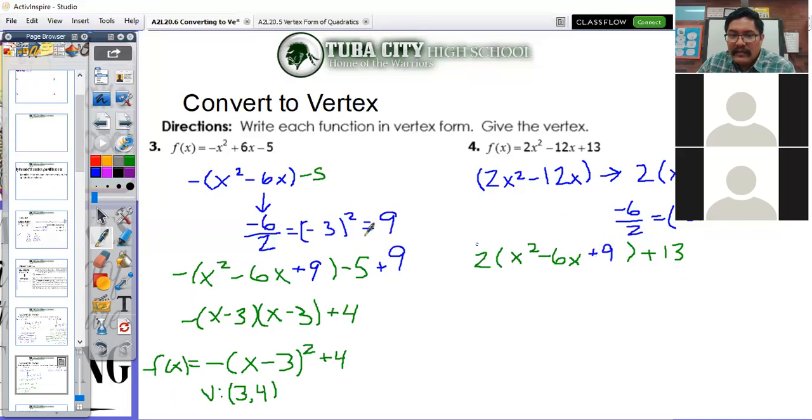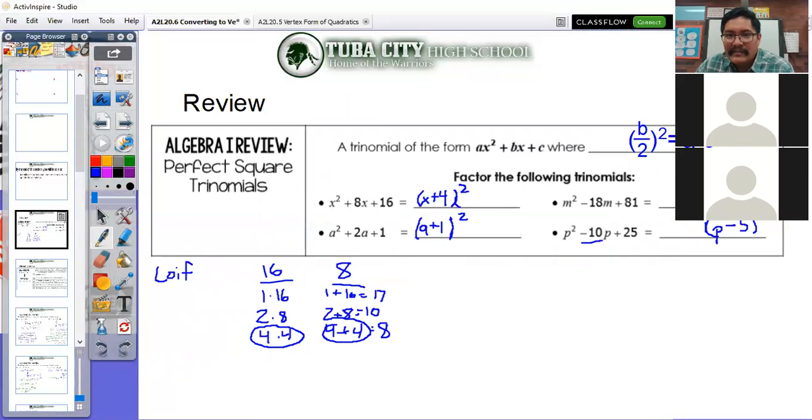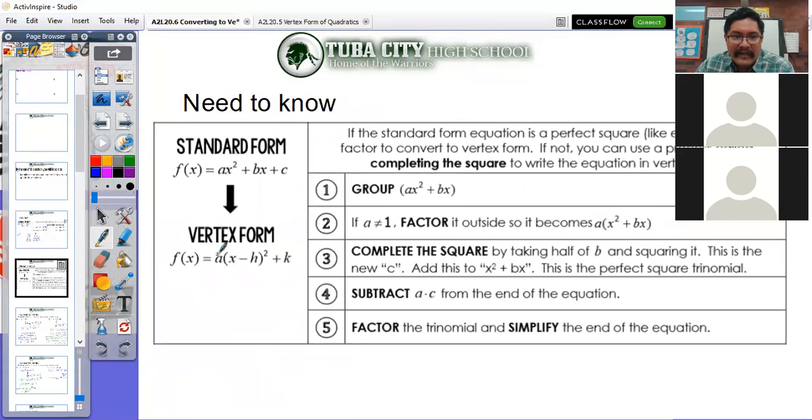Now, when we do this, we have to be careful with what we did here, and that is we got to take into consideration that this is not 9. It looks like 9, it smells like 9, but it isn't 9. Don't let your eyes fool you, because if I multiply out this 2, it will actually be 18. So if you remember from here, we get A times C, and in the vertex form you have A on the front.